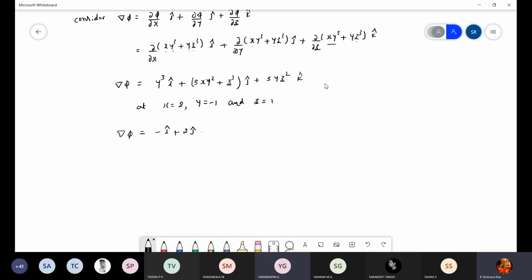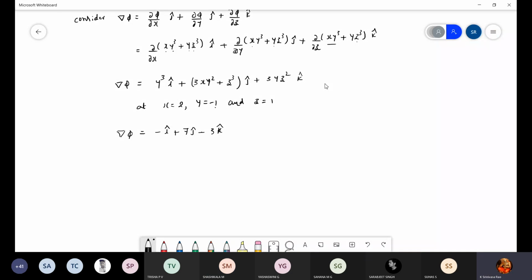No, minus y is minus, no? So minus 3k cap. Minus i cap plus 7j cap, minus 3k cap.